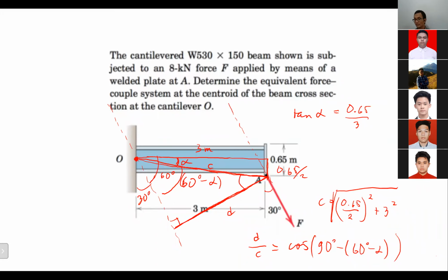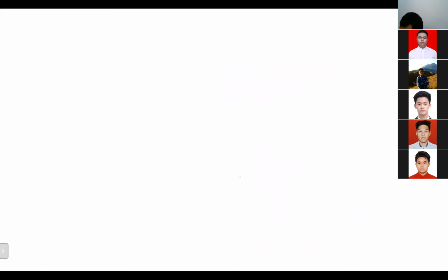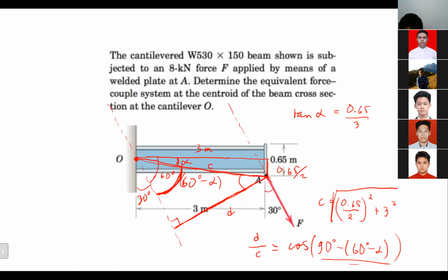Okay, we will be able to find D from that after we find C and tangent alpha. How can we get this 90 degrees minus 60 degrees minus alpha? Because this angle is 60 degrees minus alpha, right? Yes, correct. And this angle will be 90 degrees minus that, right? Exactly, sir.